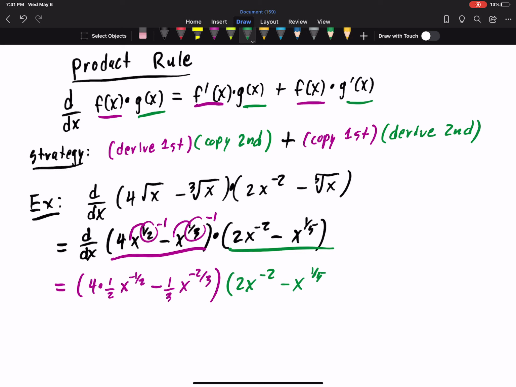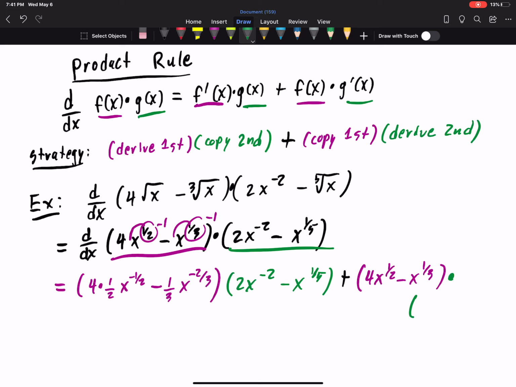There we go. And then we do the same thing over here. We're going to copy paste the first one. So we have 4x to the 1/2 minus x to the 1/3. And then we derive the second. So I'm going to move this down to the next line just so I don't end up squeezing into the edge of the screen.